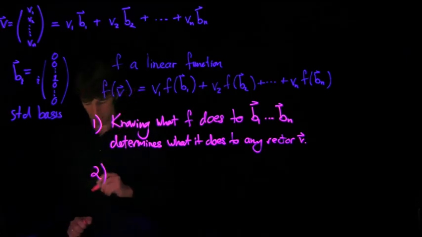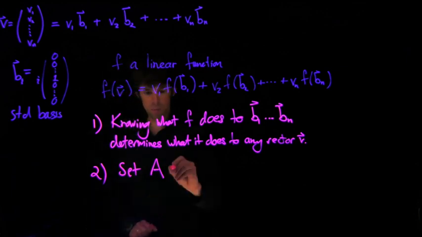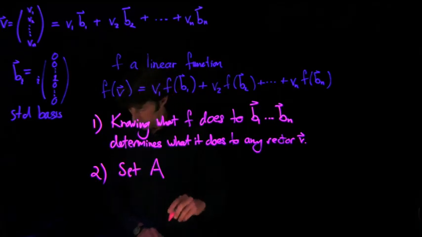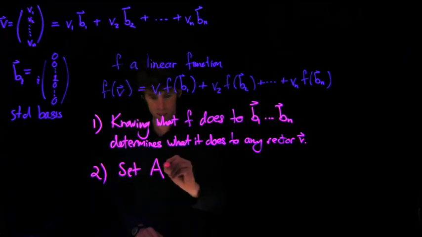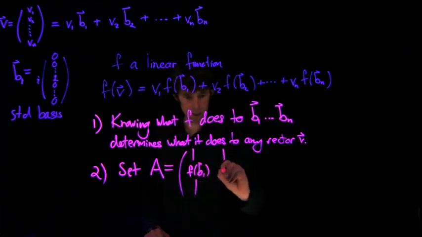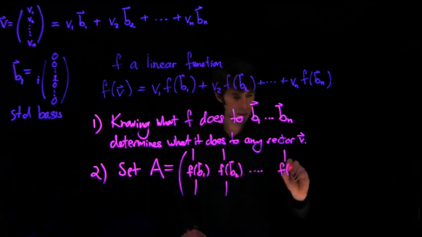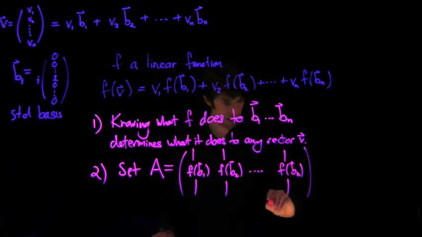And the second fact here is if we set A to be the matrix, so this is going to be a matrix that has a number of columns equal to n. And we're going to set it to be the matrix where the first column is f of the first standard basis vector, and the second column is f of the second standard basis vector, and so on. And the last column is f of the last standard basis vector. So we have n columns here.